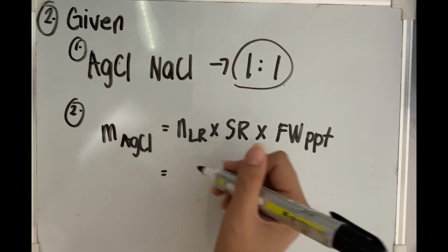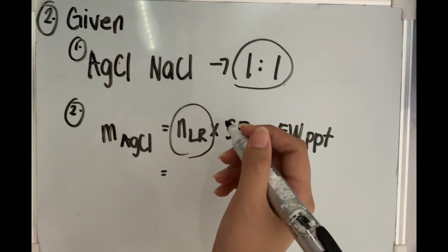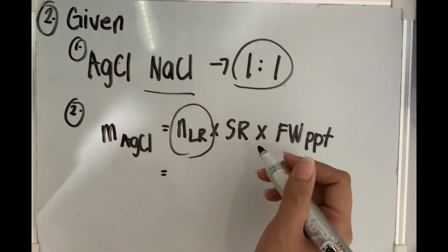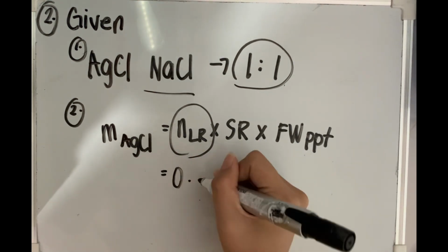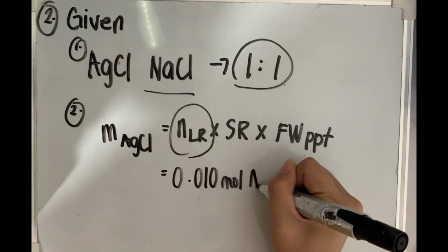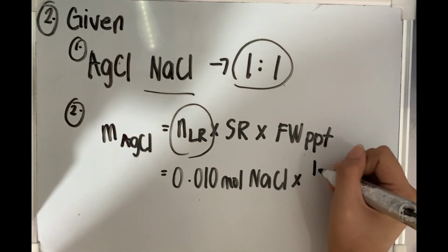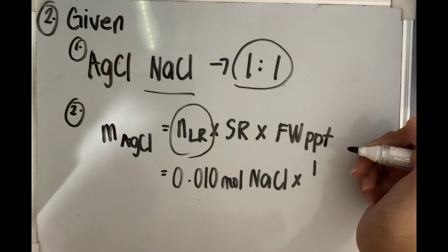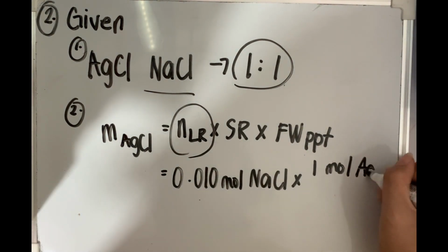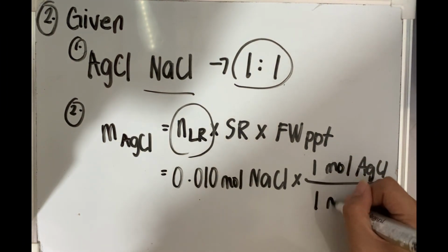So this is the number of moles of the limiting reactant, and the limiting reactant for sample number 1 is NaCl, and its number is 0.010 mole of NaCl. And then the stoichiometric ratio will be 1, so we will transform it into a fraction: 1 mole of AgCl over 1 mole of NaCl.